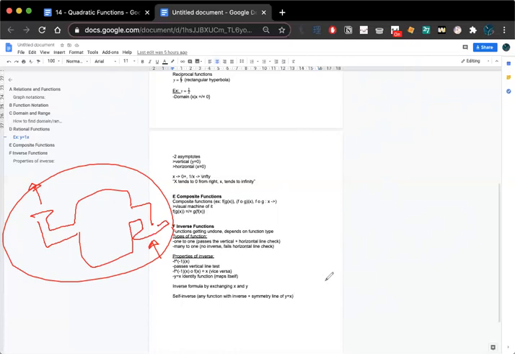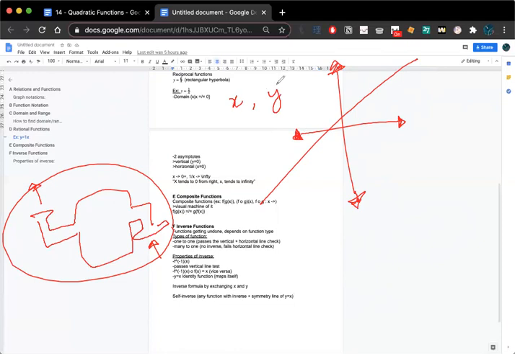So basically we have several types of functions. The first one would be the one-to-one function, where for every x value, there is only one y value. There will always be one y value.